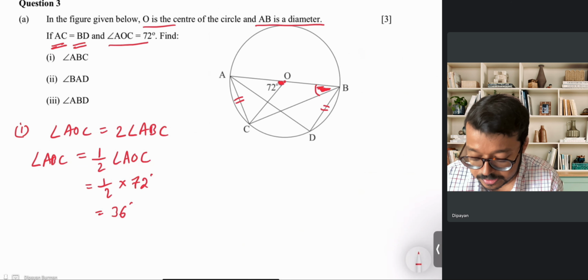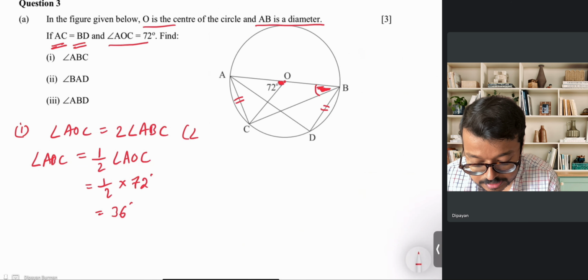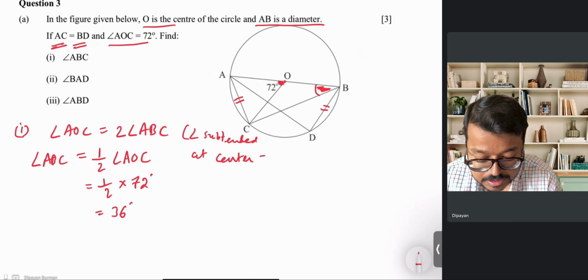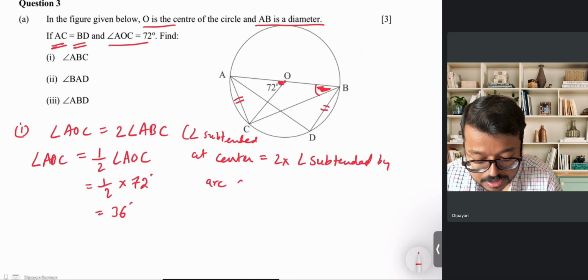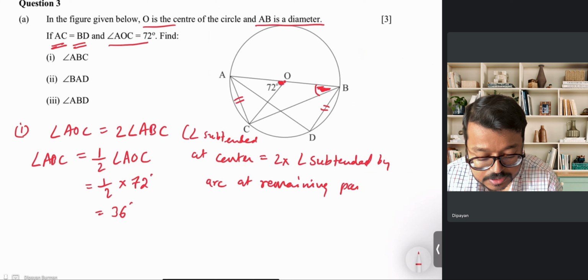And the reason I will write that angle subtended at center is 2 times angle subtended by the arc at remaining part of the circle.